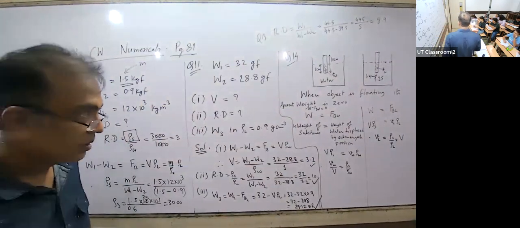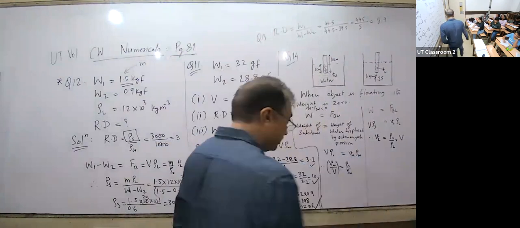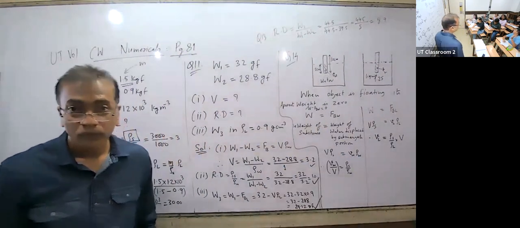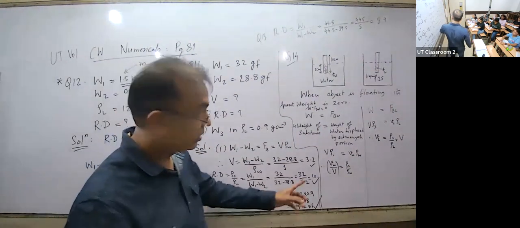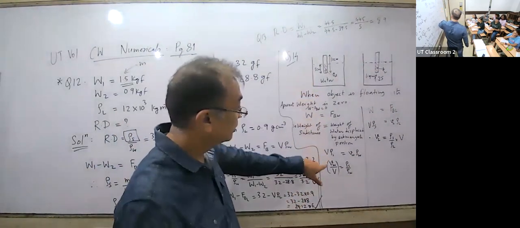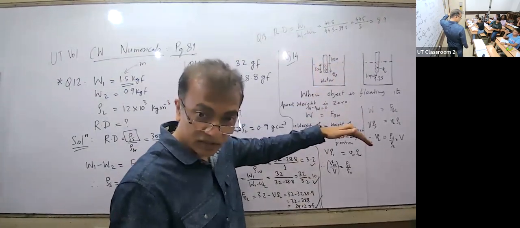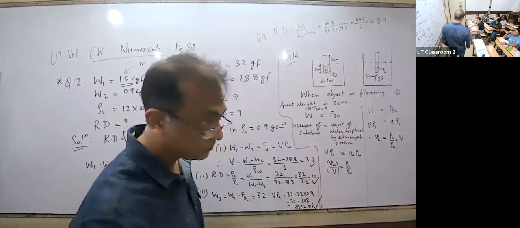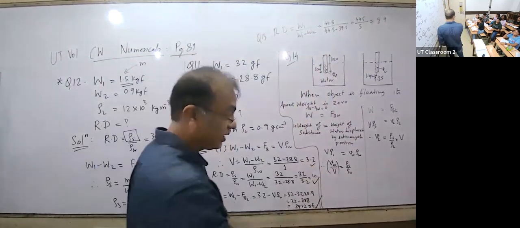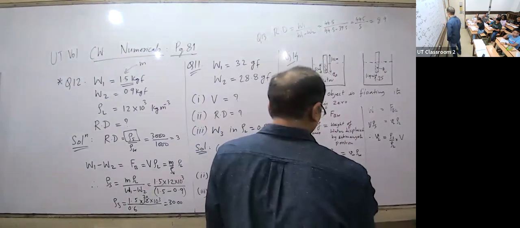ठीक है। अब देखो what is VW by V, it is given, हाँ 50% है ना VW, क्योंकि आधा डूबा, 10 सेंटीमीटर है तो 50% इनसाइड। So what is VW upon V, 5 by 10, right, it is half, so this is 1 by 2.